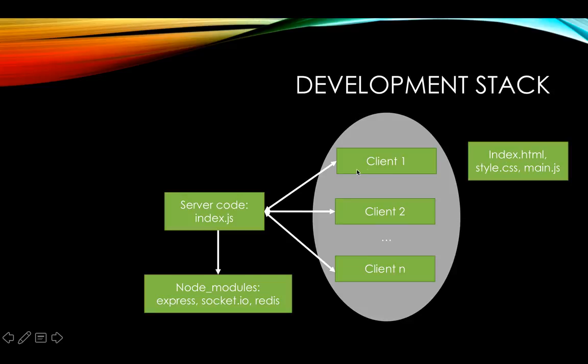And the client code will have an index.html file, a CSS file, and some JS files. And this main.js file is mainly some jQuery code that is responsible for client events.